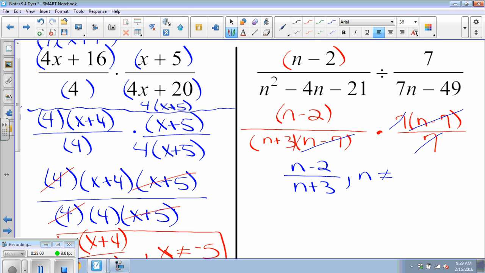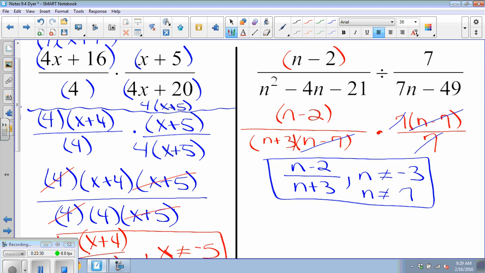So n cannot be negative 3. n also can't be what? Positive 7. If n was positive 7, then it would be 7 minus 7, and that would make this piece be 0, which would cause the whole denominator to be 0. So n can't be 7. And that's it. Those are the only two things that n can't be.